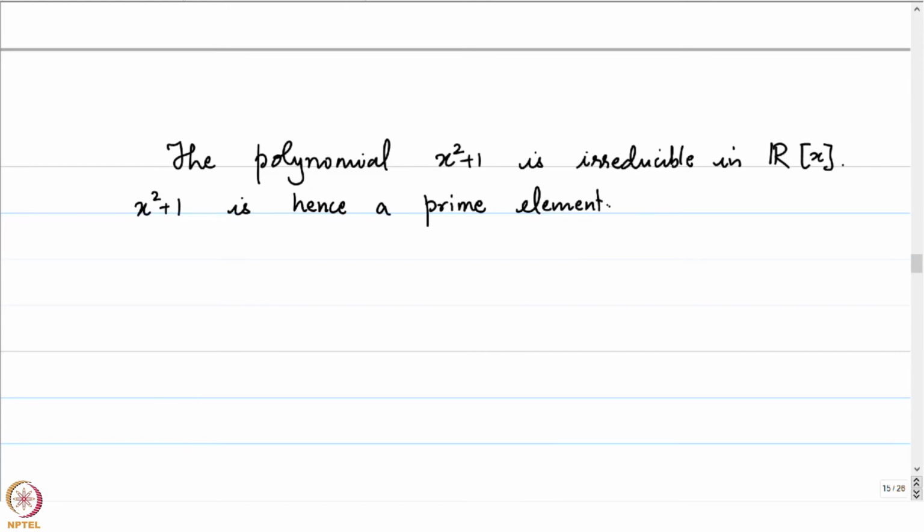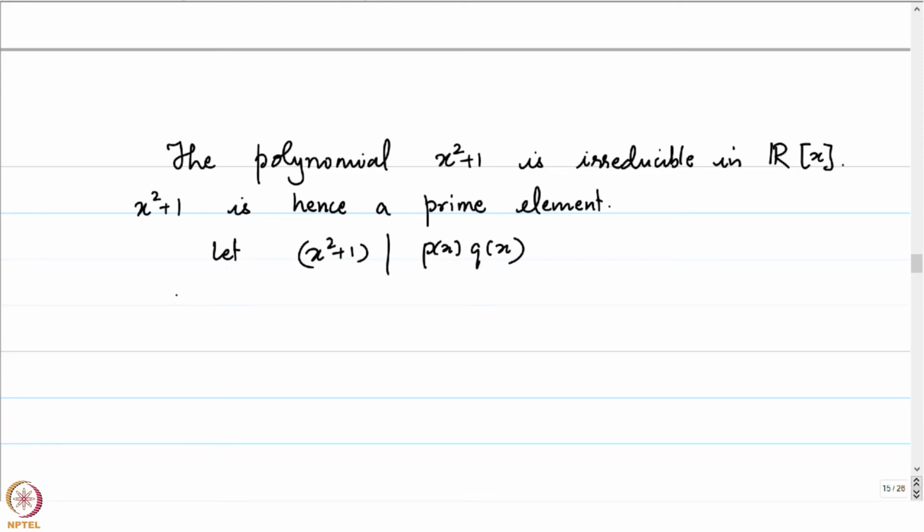In a ring A, P is defined to be a prime element if whenever P divides AB, the product of two elements A and B in the ring, P either divides A or P divides B. That is the definition of a prime element. So the claim here is that x square plus 1 is a prime element in R[x]. Let's just check that very quickly. Let x square plus 1 divide P of x times Q of x. Let's prove that it divides one of the two.